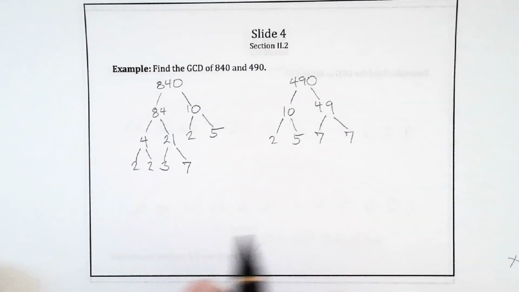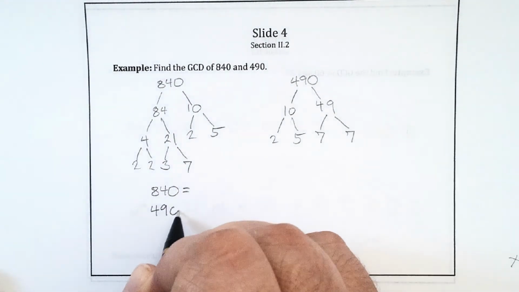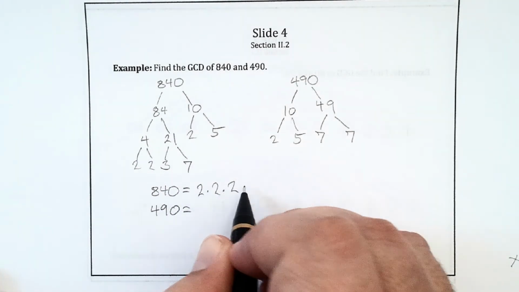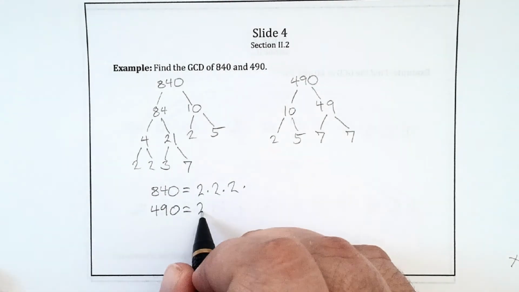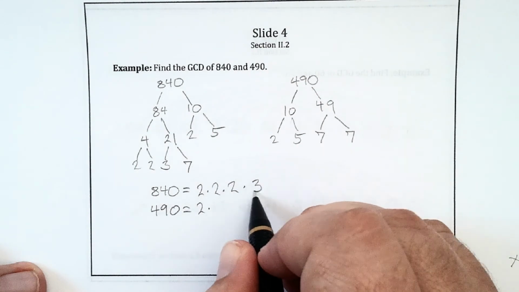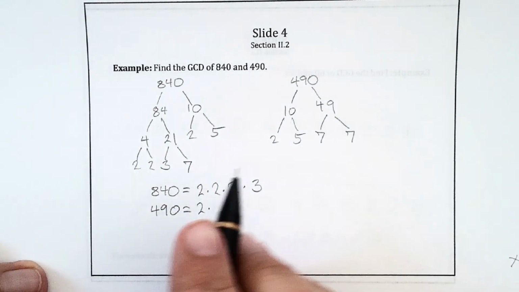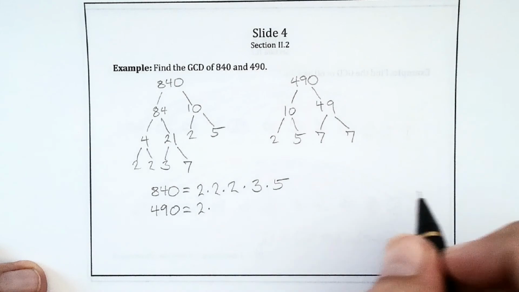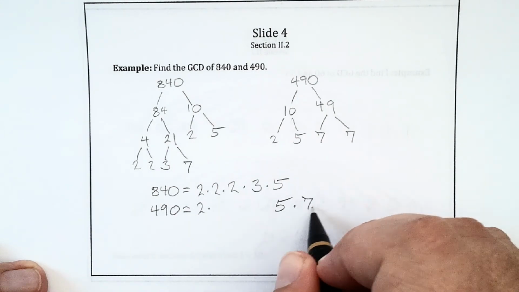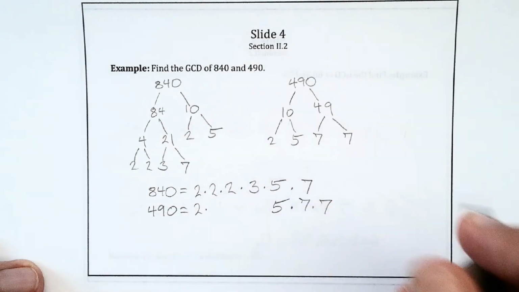Now we'll compare. 840 has three 2s. 490 has just one 2. 840 has a 3. 490 does not have any 3s. 840 has a single 5. 490 has a 5. 490 has two 7s. And 840 has just one 7.